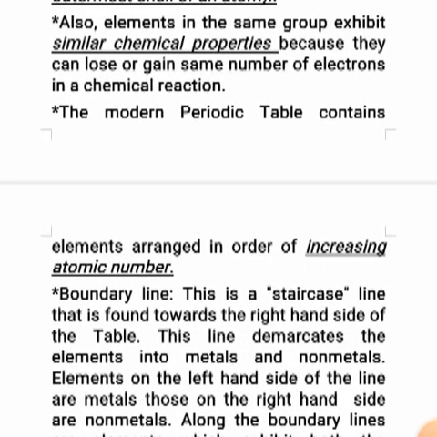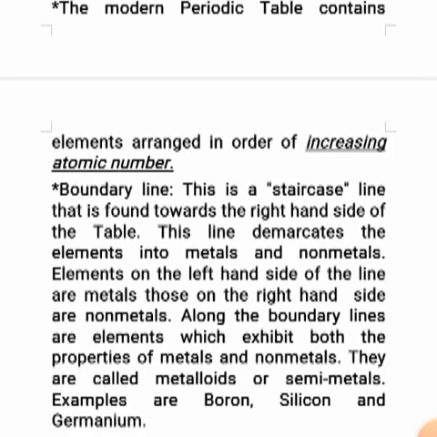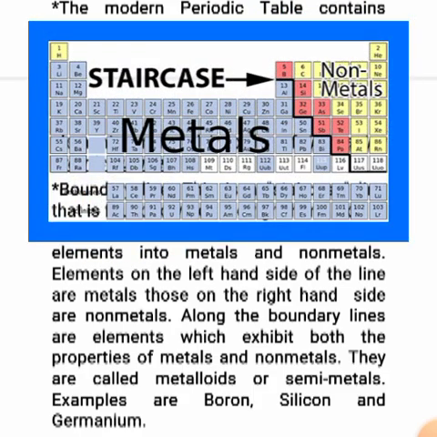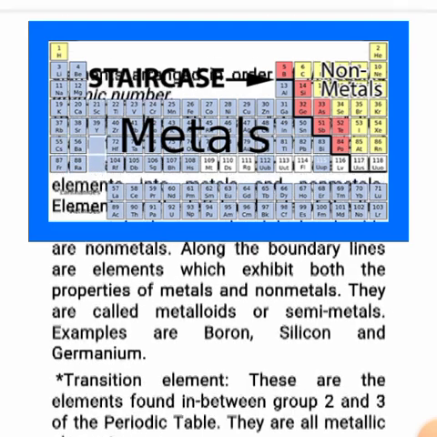Now, the modern periodic table contains elements which are arranged in order of increasing atomic number. Note also that there's a boundary line. This is a staircase-like line that is found towards the right-hand side of the table. This line demarcates the elements into metals and non-metals.